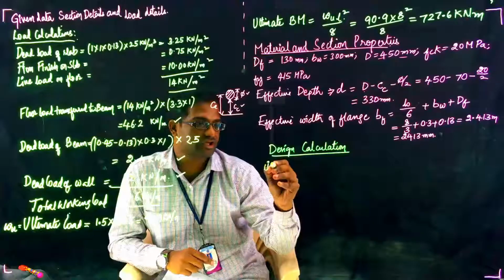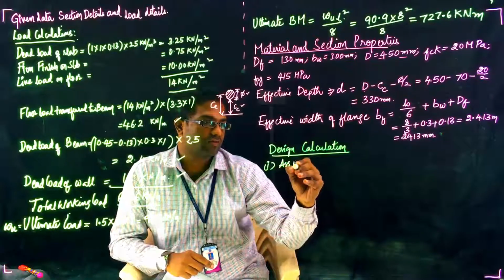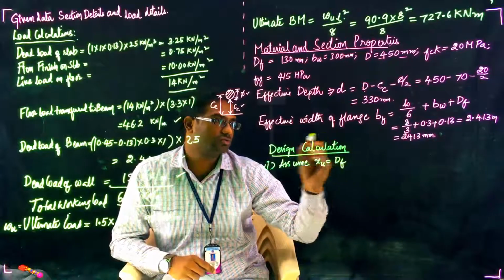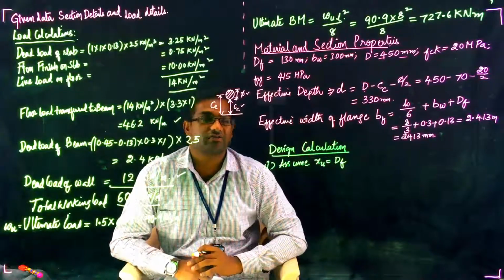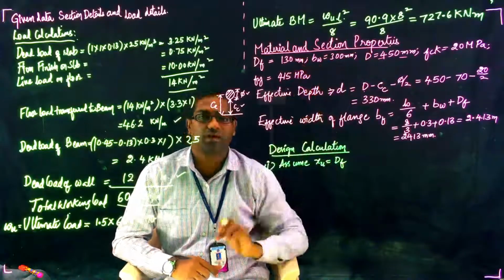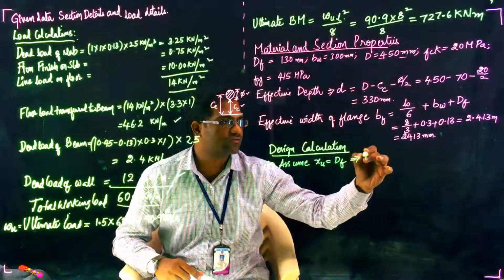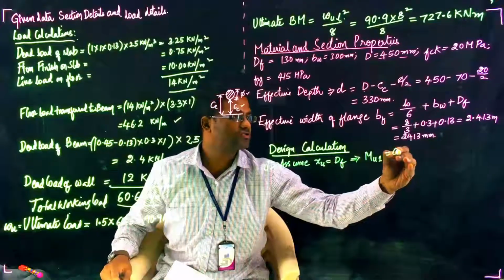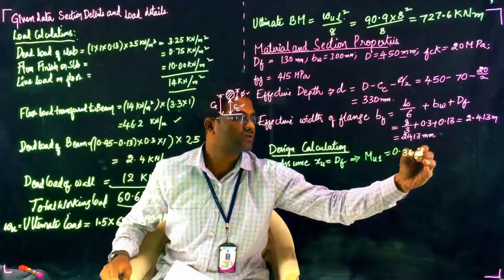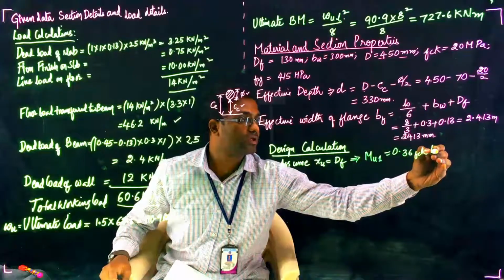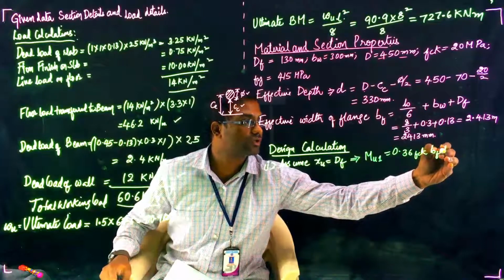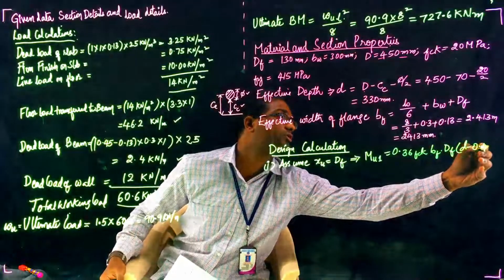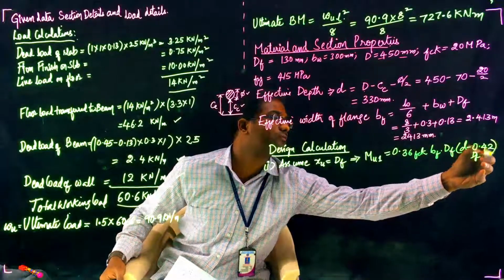In the first assumption, we will say that your neutral axis is exactly equal to the depth of flange, which is 130 mm, and we will calculate the moment of resistance and keep that value as Mu1, which is given by 0.36 fck bf Df into d minus 0.42 Df.